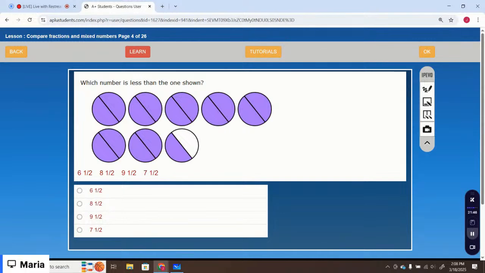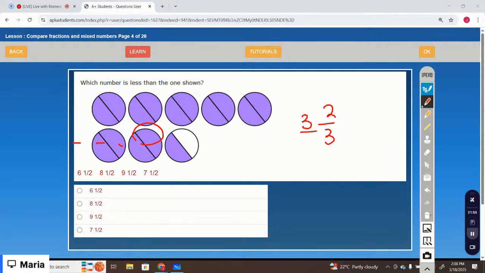Which number is less than the one shown? Okay. 1, 2, 3, 4, 5, 6, 7. 7 whole 1 over 2. So the number that is less than 7 whole 1 over 2, which number is it?